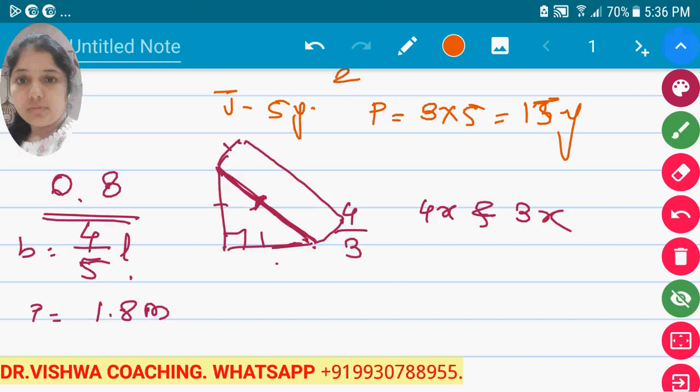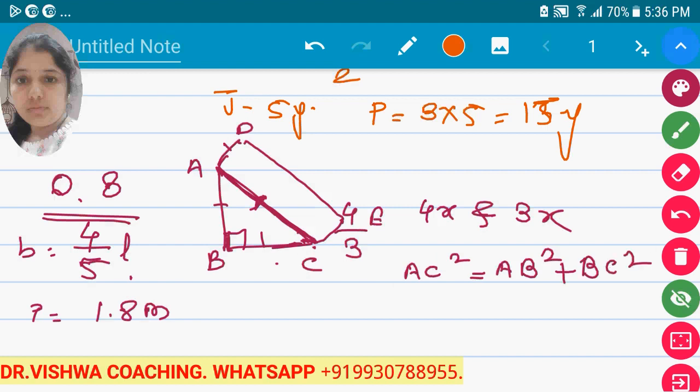How will we calculate? Now remember the Pythagoras theorem. The greater side is equal to, suppose I give the names A, B, C to the vertices. So AC square is equal to AB square plus BC square according to Pythagoras theorem.